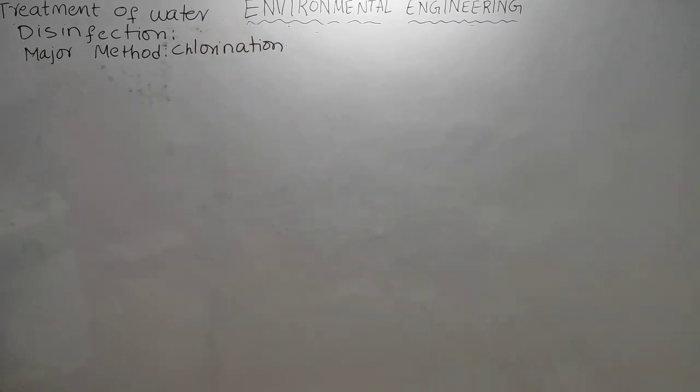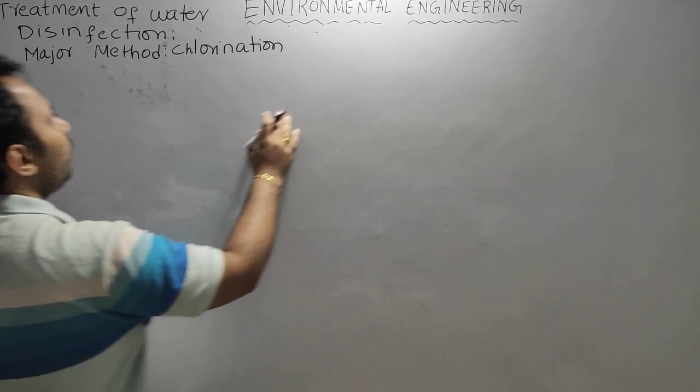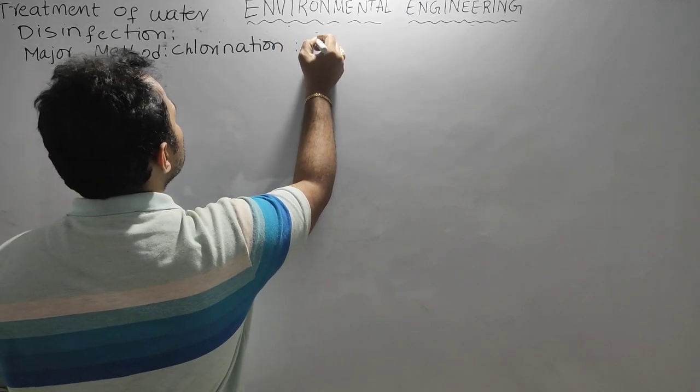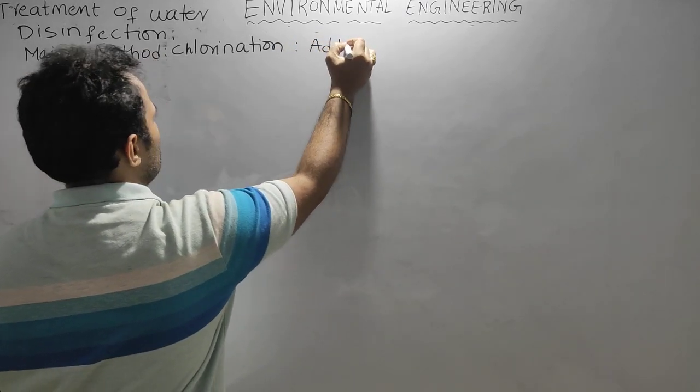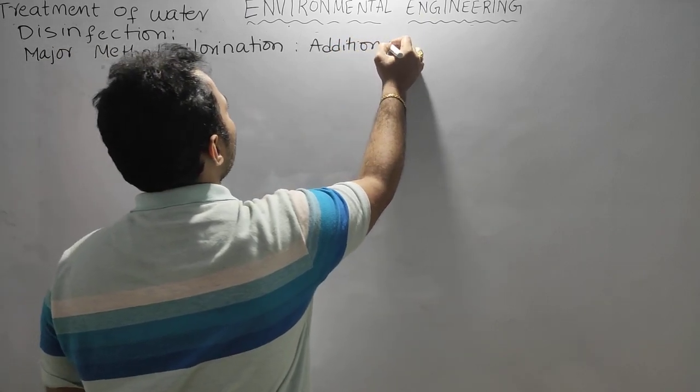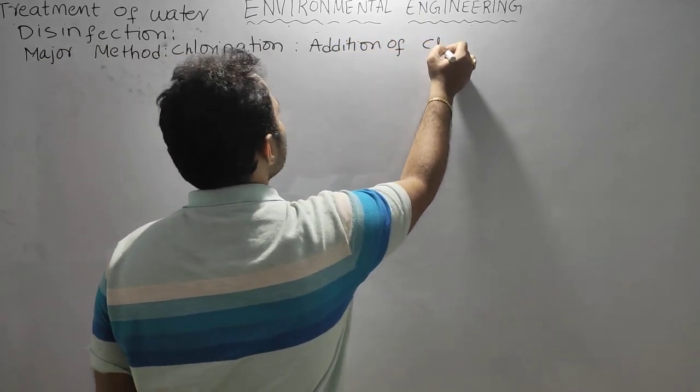Okay, so the next method is chlorination. Chlorination means addition of chlorine, Cl2, to water.